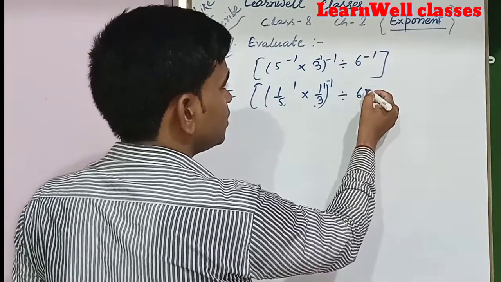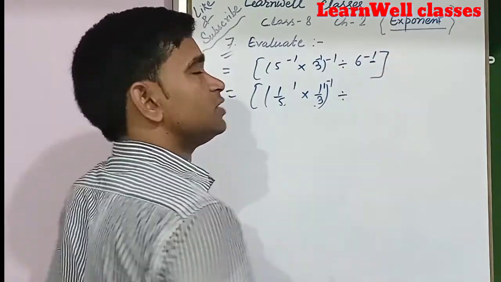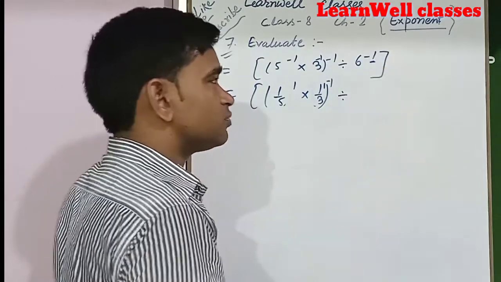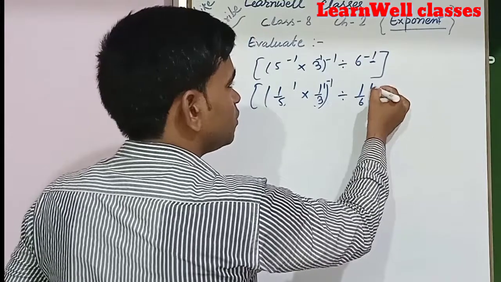Divided by 6 raised to the power minus 1. Here the exponent is in minus form, so it will be reversed: 1 upon 6 raised to the power 1.